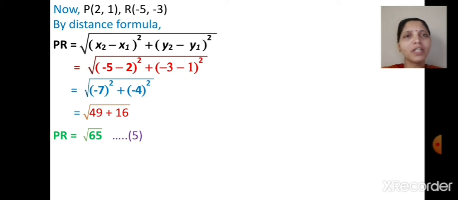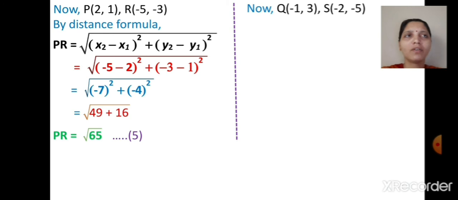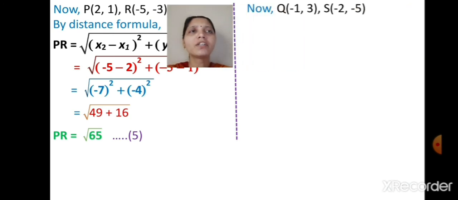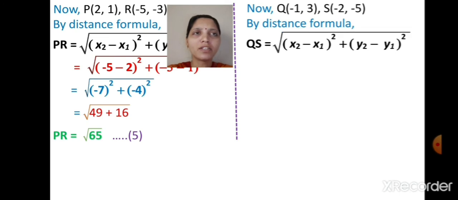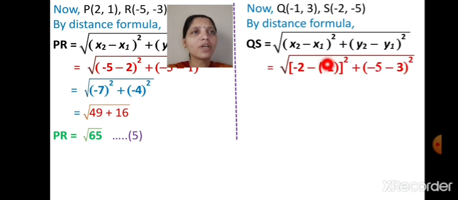Now we have to find the other diagonal, that is diagonal QS. For that let's consider point Q and S. By distance formula, write the distance formula and then substitute the values here. x2 is minus 2, x1 is minus 1. So minus 2 minus of minus 1 bracket square plus, now y2 is minus 5 and y1 is 3.